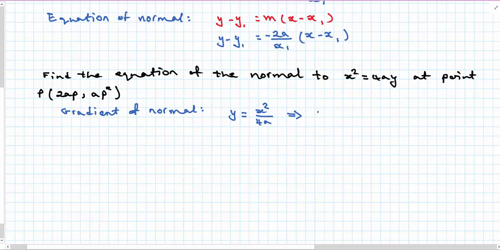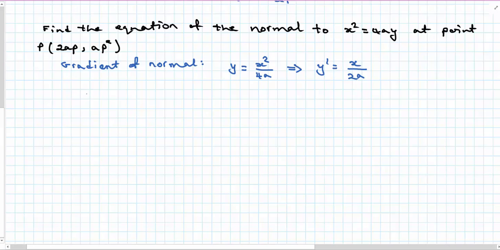Then differentiate. And then substitute in x to find gradient of tangent. And I can even write gradient of a tangent at P equals 2AP over 2A, which is equal to P.